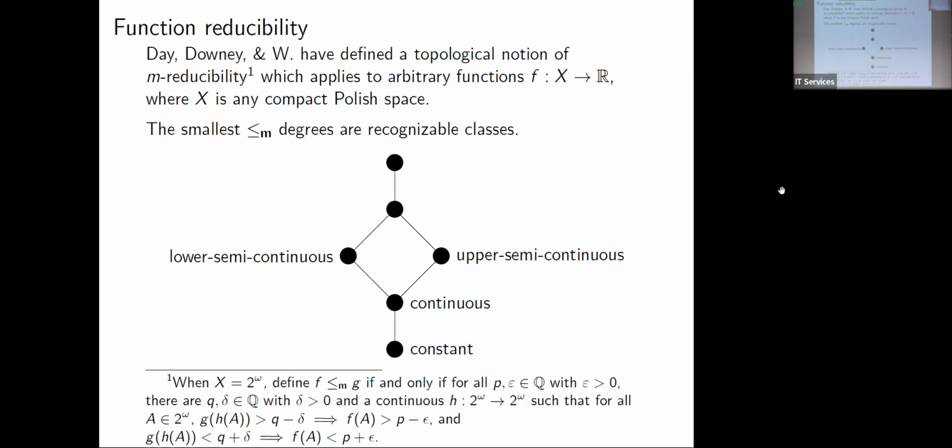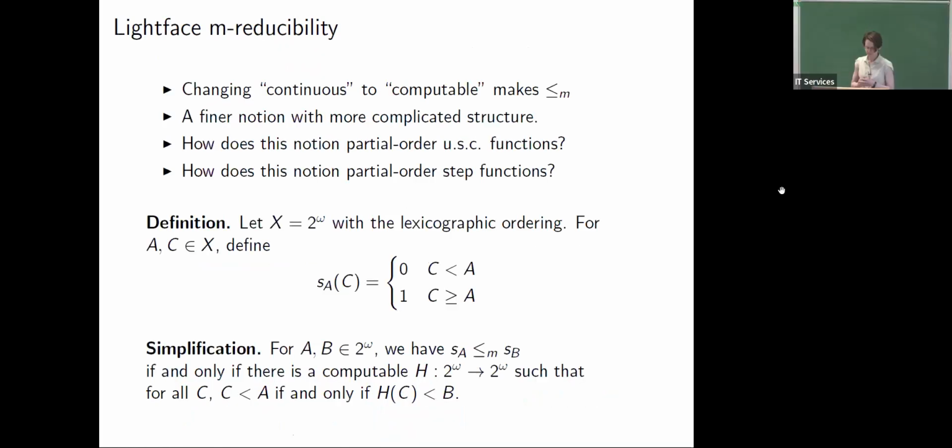Then we asked, what's actually going on inside, for example, the degree of upper semi-continuous functions? This leads us to consider maybe the simplest possible upper semi-continuous function, which would be just a step function.